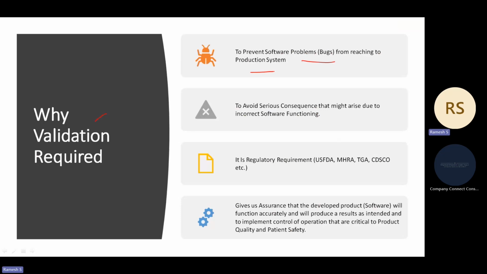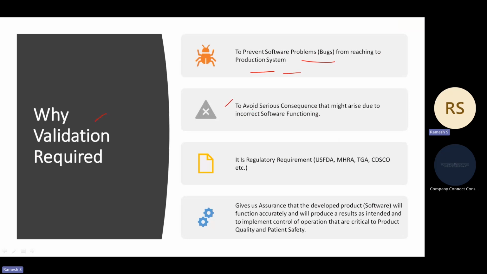If there are any bugs, defects or discrepancies in our application, we can detect them during the validation phase, before going live or before deploying that application in the production system. So that's the reason we should perform validation.